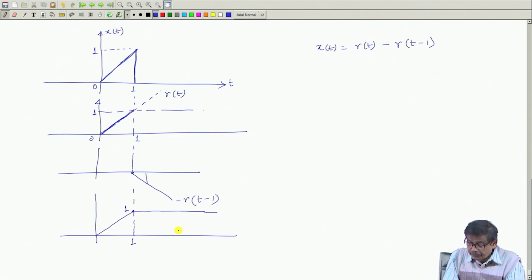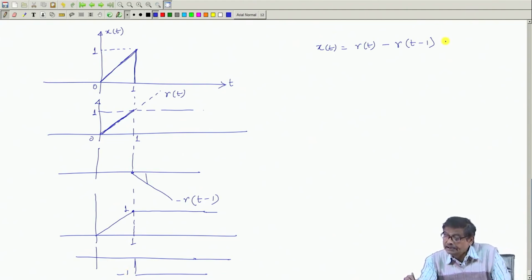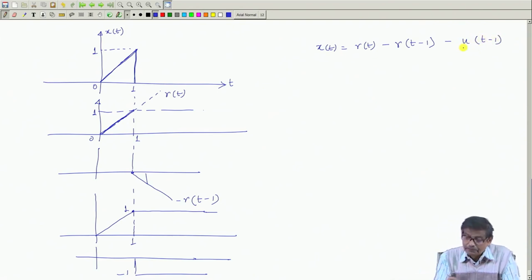What else I have to do? So, at t equal to 1, I have to add a negative step, so that this portion vanishes, that is minus 1. So, minus u(t minus 1), this truly represents this pulse. Therefore, by visually looking at these curves, you can make it happen like that.